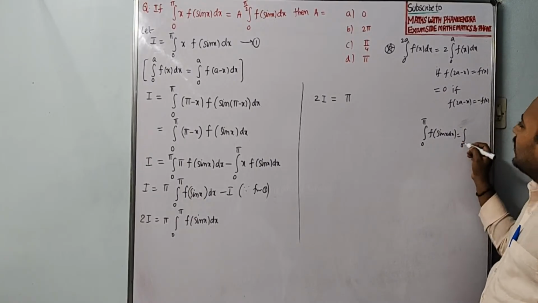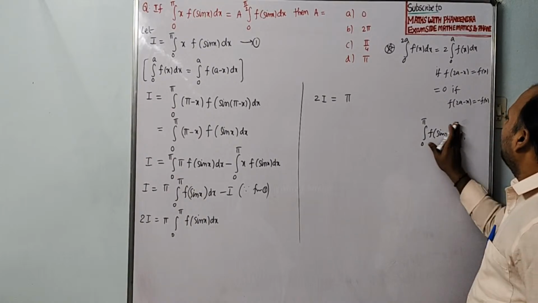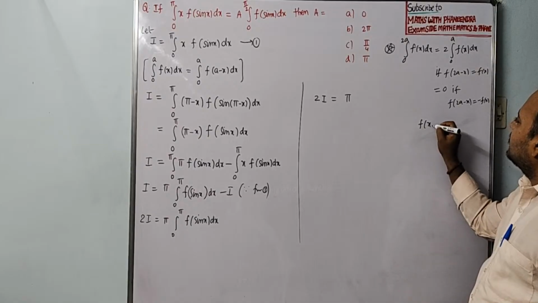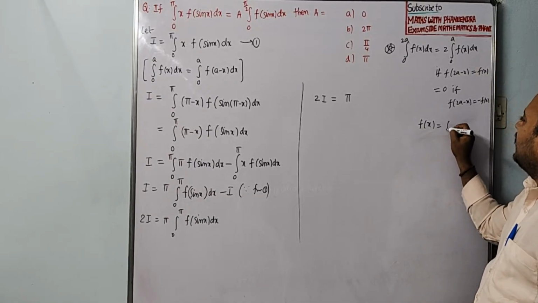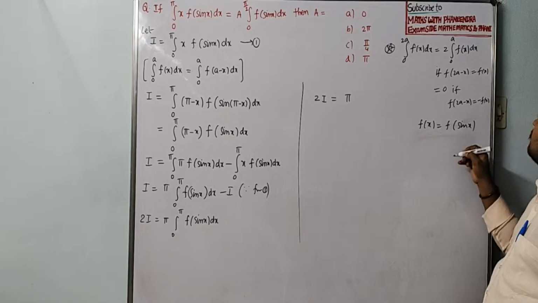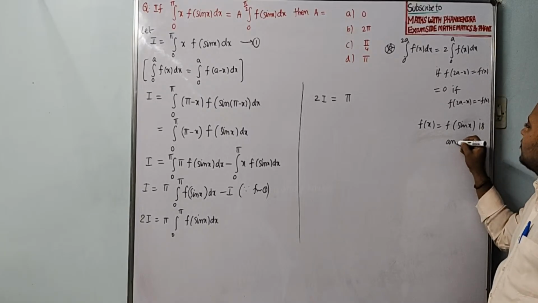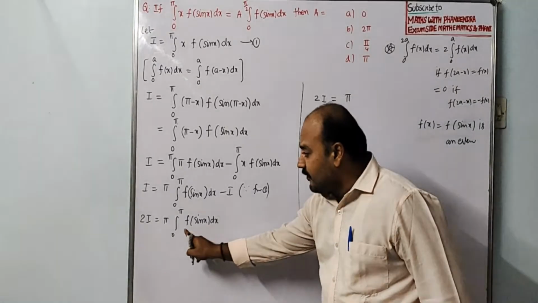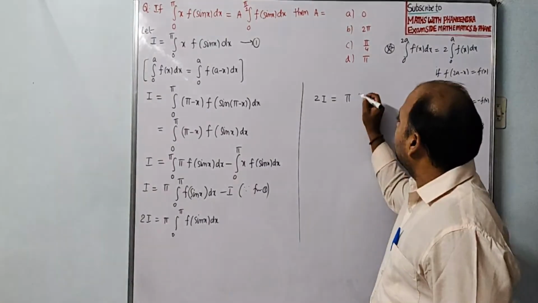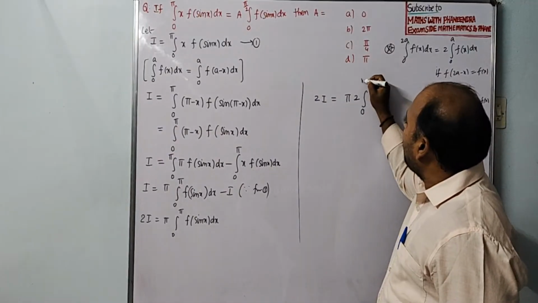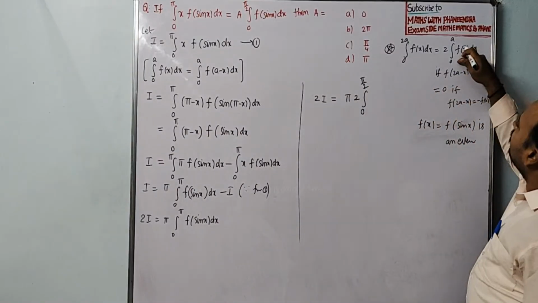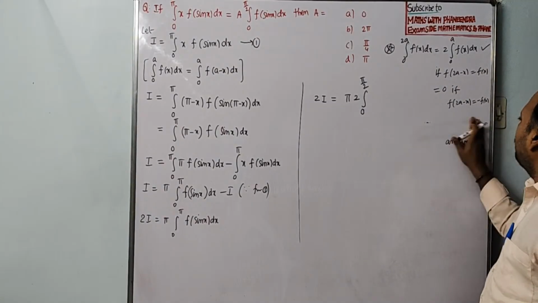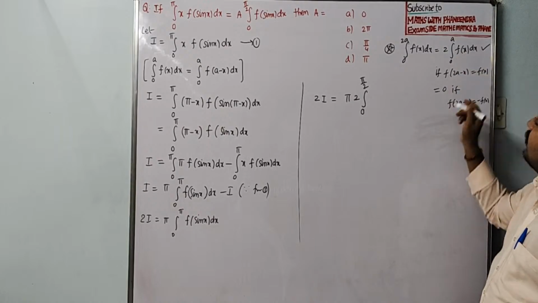That is the reason we can write it directly, no need of verifying: f of x equals f of sin x, which is an even function. So whenever f of sin x is an even function, it is 2 times the integral from 0 to half of the upper limit. Here we can apply this property, f of 2a minus x equals f of x. Otherwise I will prove it. Why are we taking this property only?